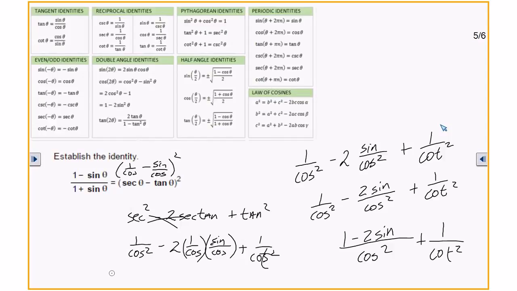That would be a total cluster. That's going to give you 1 over cosine squared minus 2 sine. Well, that's what we got. That's what we got over there, isn't it? Yep. Plus sine over cosine squared. Wait a minute. Except for that last one. That last one may change things.